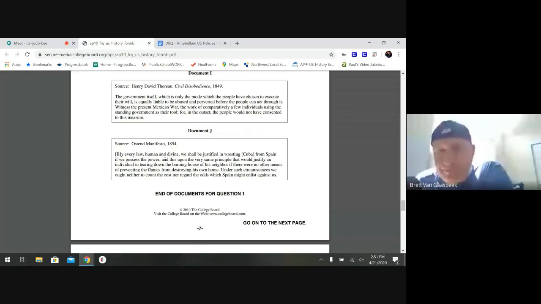So the Ostend Manifesto is going against, and again, we're going to come back to this, but DBQs always give you points for getting outside information. Well, if this one is saying we should take more territory to be slave, was there a document somewhere in this time period that said of the territory we took, it should be free?